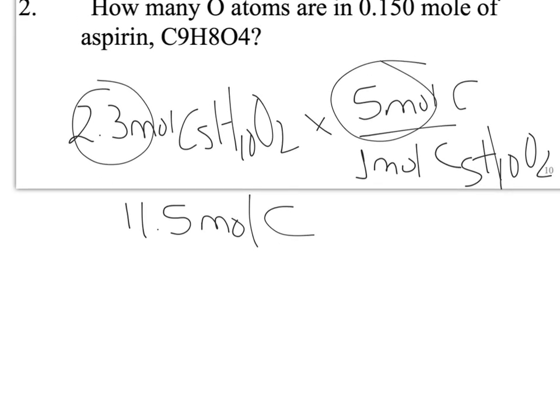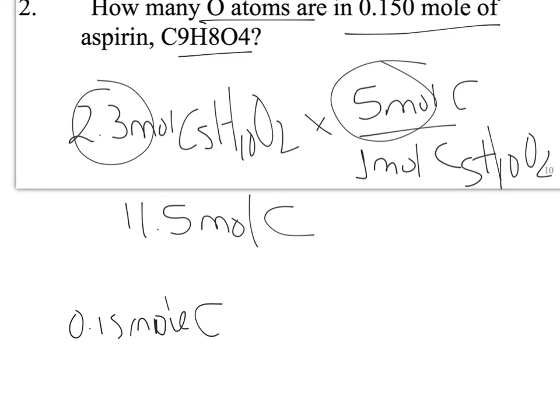Next question, how many atoms of oxygen are in these many moles of this? So we have 0.15 moles of this compound. And we want to know atoms of oxygen. So the first thing is to know how many moles of oxygen we have. We're doing oxygen, 4 moles of oxygen in 1 mole of this compound.